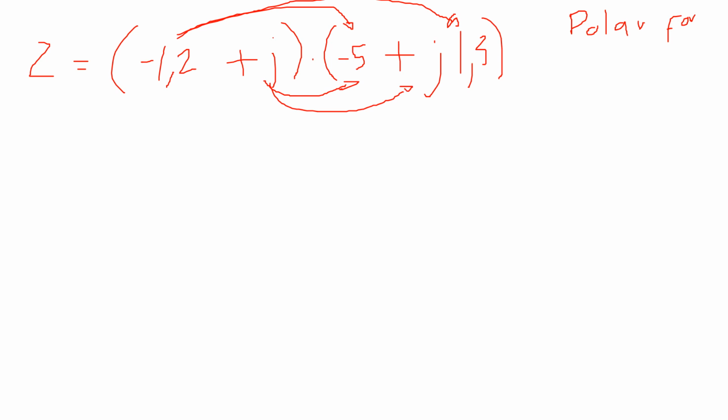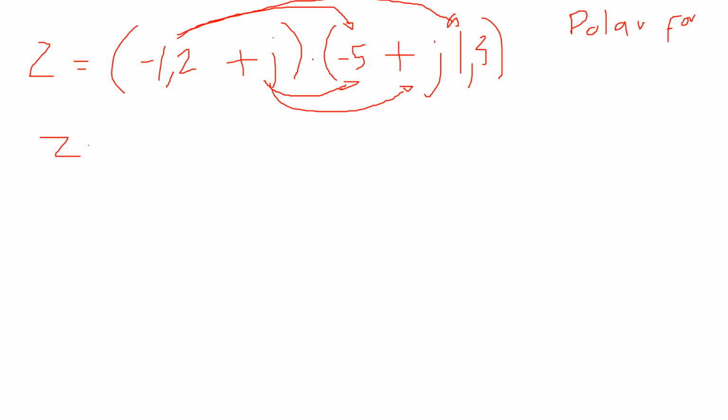So they call this the FOIL method. Now you apply this method when you are multiplying complex numbers.